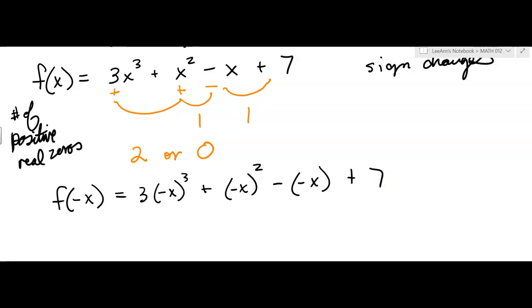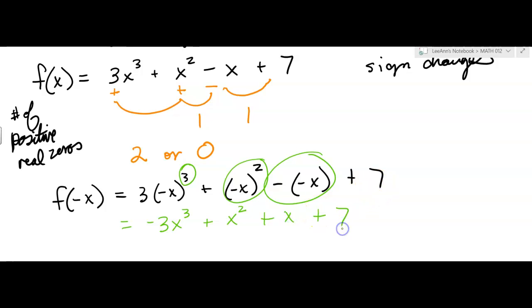Okay, so here's the thing. If it's got an odd exponent, then it's going to change. So it's going to be negative 3x cubed. But if it's even, it's going to stay the sign that it was. Okay? So think about negative x squared. It's just going to be x squared. And then here you can see, okay, that's going to change to plus x. And then I'm going to have plus 7. Okay?